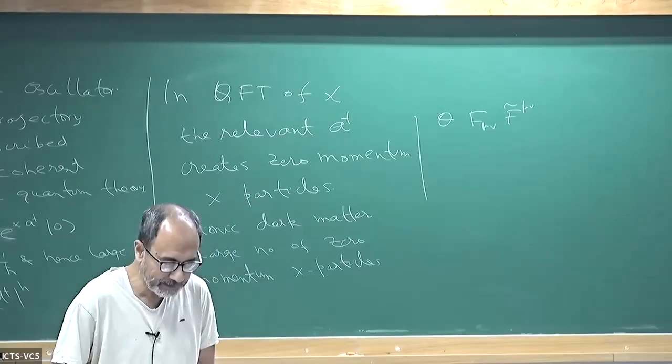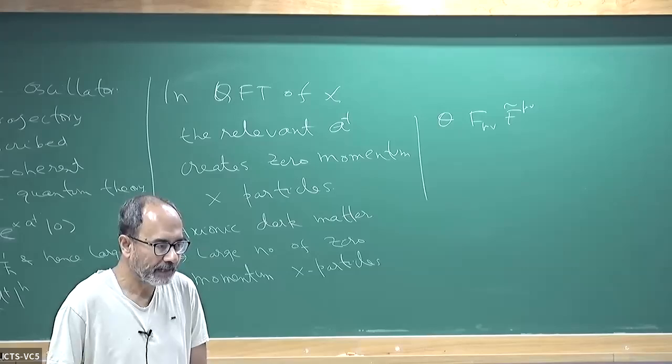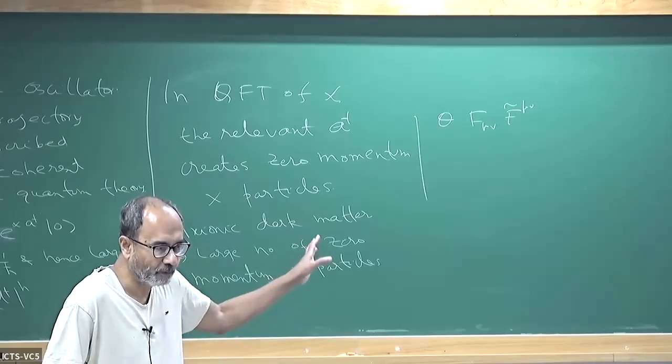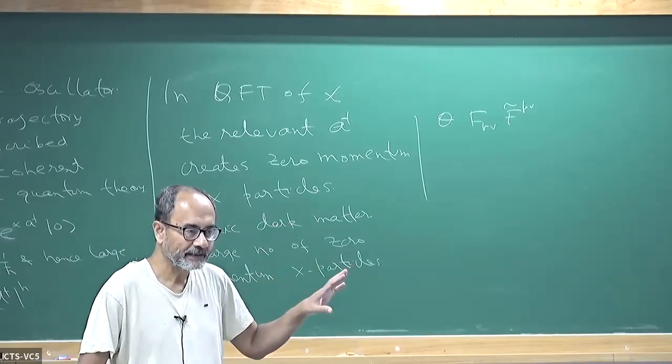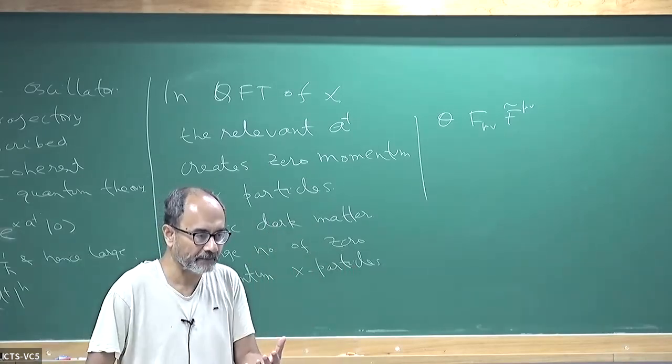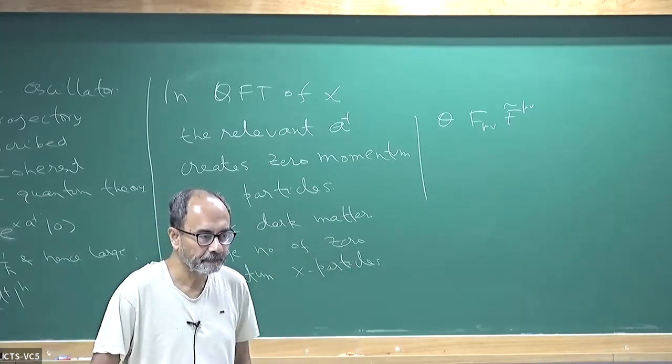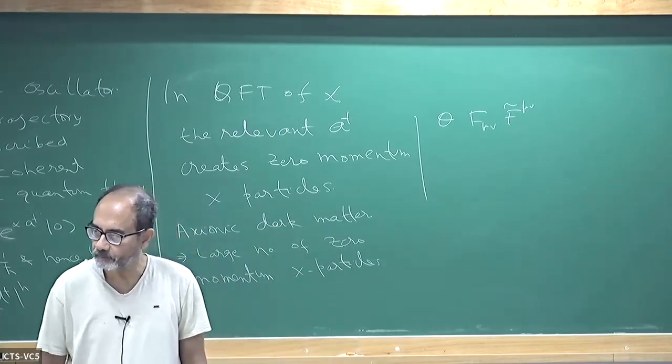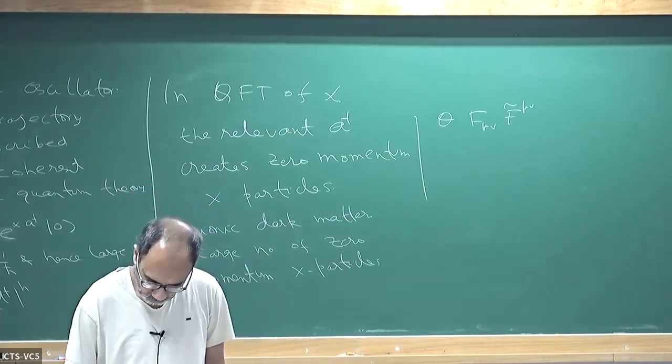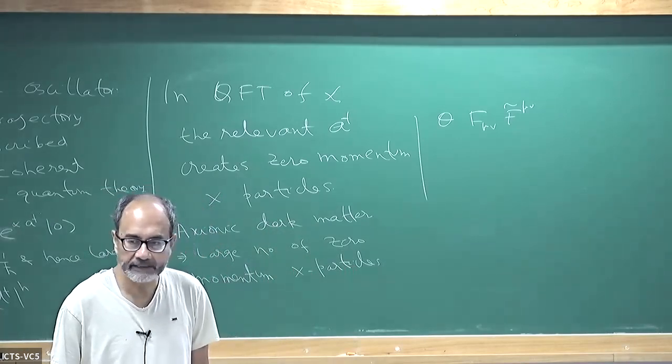So the upshot is that you cannot really say very much about the dark sector. These are popular candidates because these come out naturally from other particle physics scenarios. Any other question?